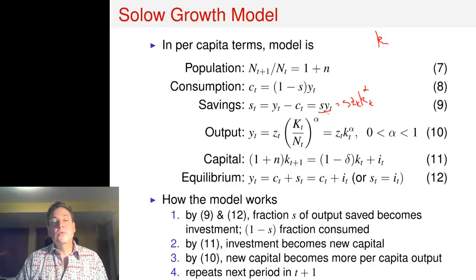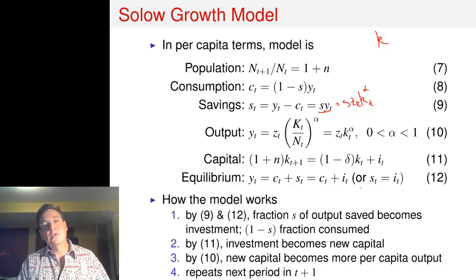Okay, and then what we note is that goods market clearing, down here equation 12, implies that everything that gets saved gets channeled into investment and therefore becomes new capital goods. So savings equals investment.